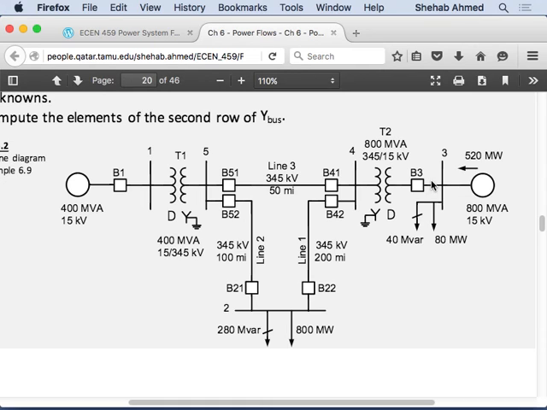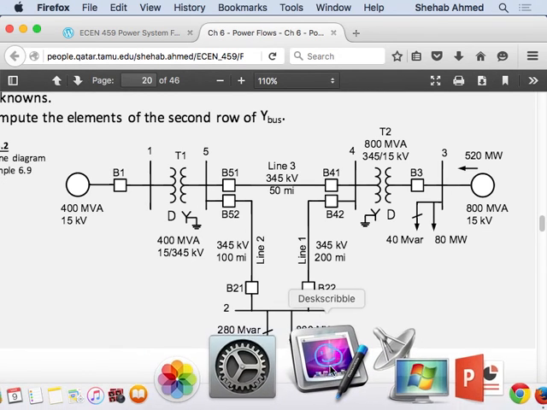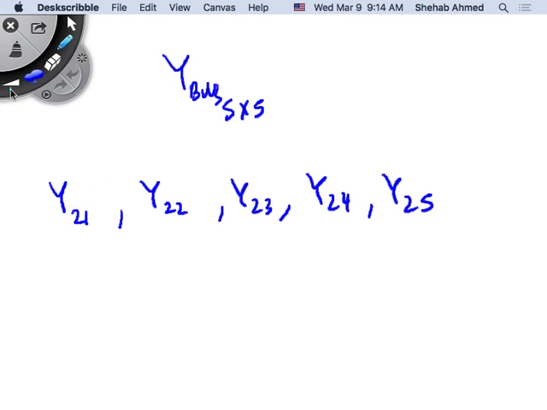What about bus 1? Same thing. So Y21 will be 0. Y23 will be 0. It's only the admittance between the two specific buses that you have. So Y21 will be 0, Y22 will exist.